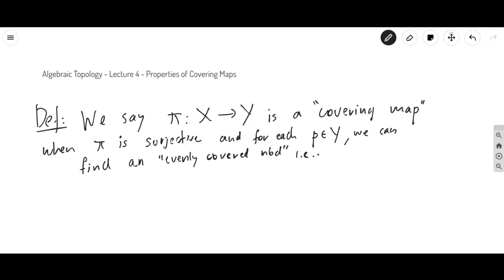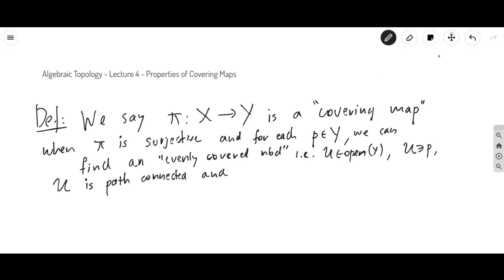So that means we can find something that's an open set in Y. We want U to contain the point. Also, let's add U is path connected.